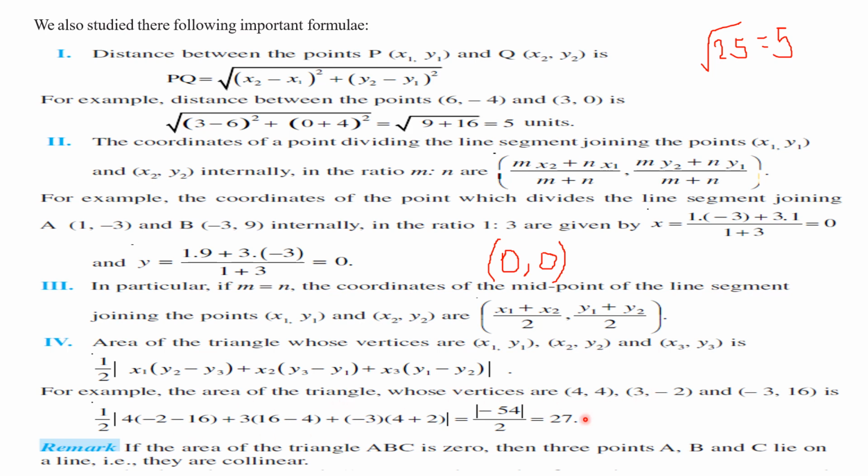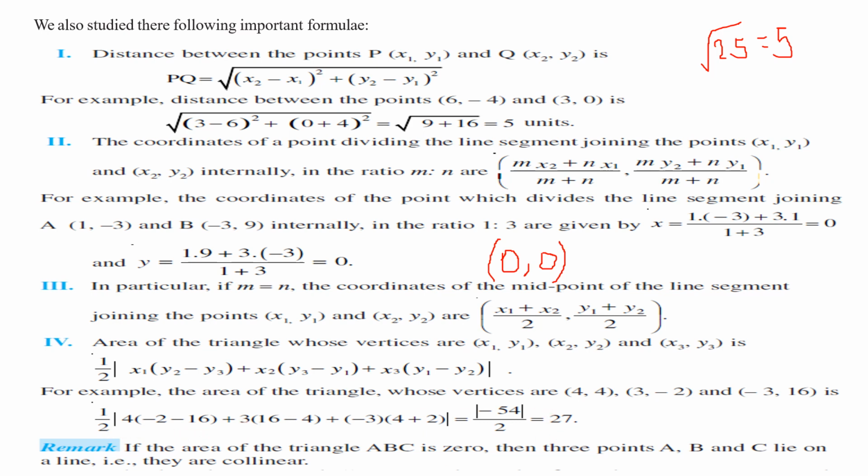The vertices of a triangle are (4, 4), (3, minus 2) and (minus 3, 16). Then the area of the triangle formed by these 3 points is 1 by 2. This is x1, y1, this is x2, y2 and this is x3, y3. So in this formula, by substituting x1 y1, x2 y2 and x3 y3, we get 27.